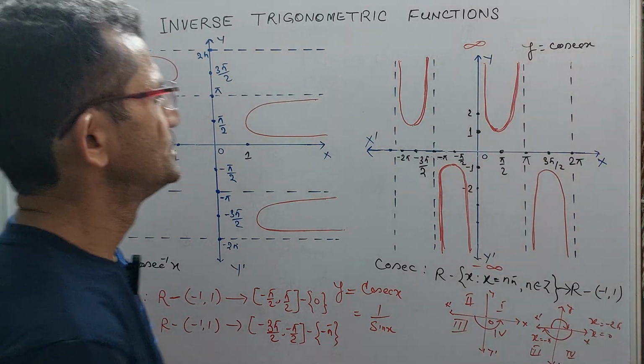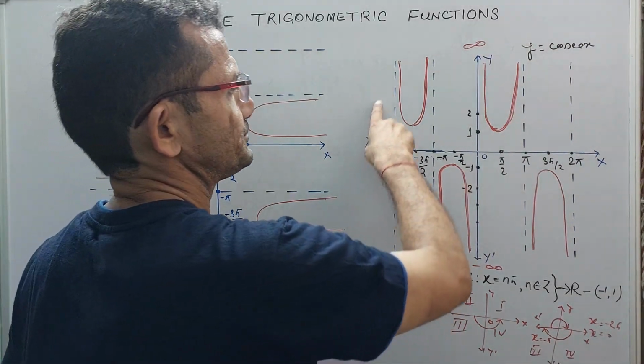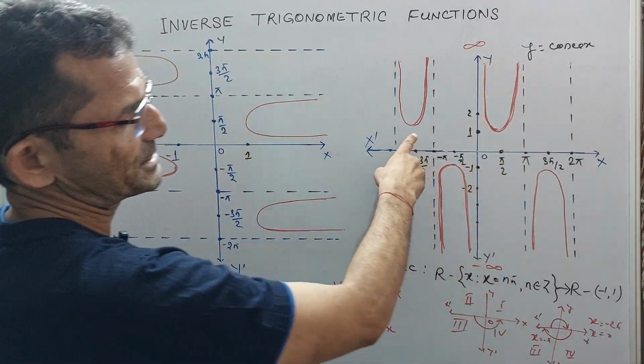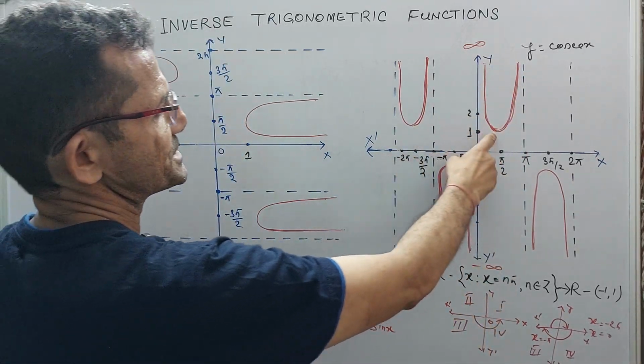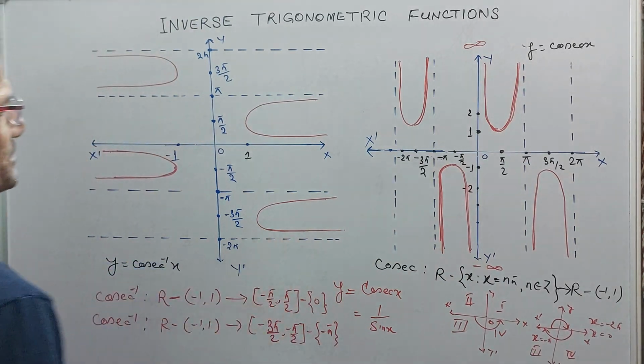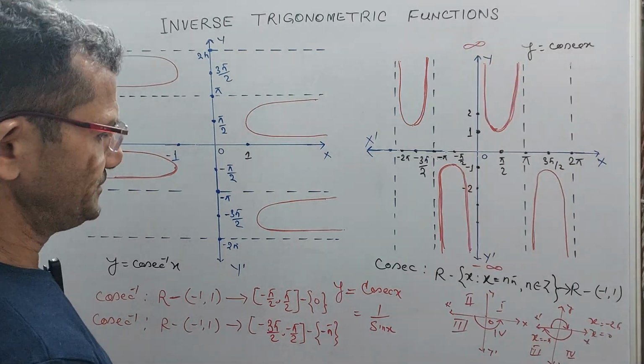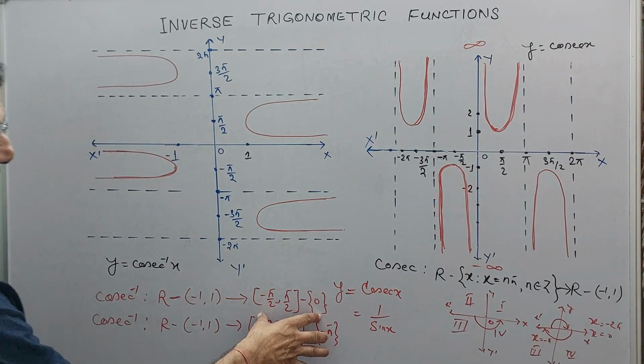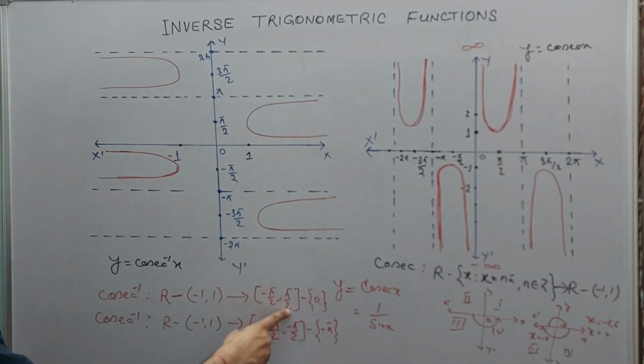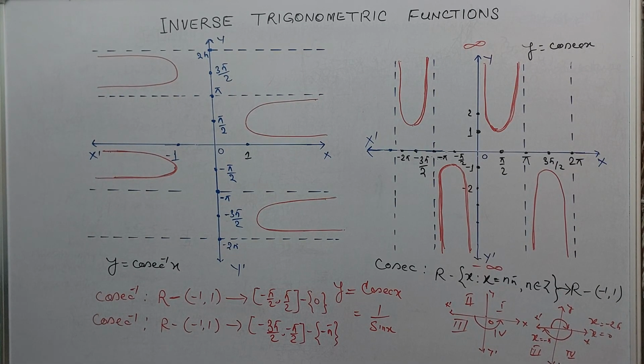Now for all these subintervals, the corresponding graph of the cosec inverse will be these ones. If I restrict the graph to these intervals, minus pi by 2, deleting this number, then cosec inverse will be one-one and onto functions.